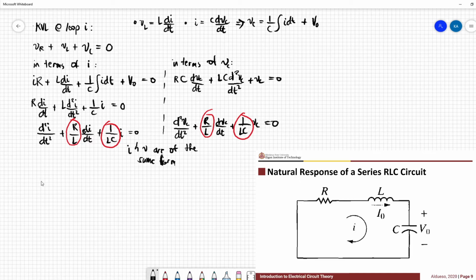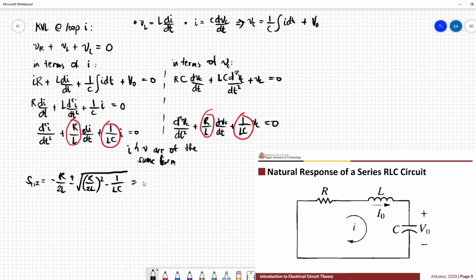Now solving for the characteristic roots, we have S1 and S2, which is equivalent to negative R over 2L plus or minus square root of (R over 2L) squared minus 1 over LC.